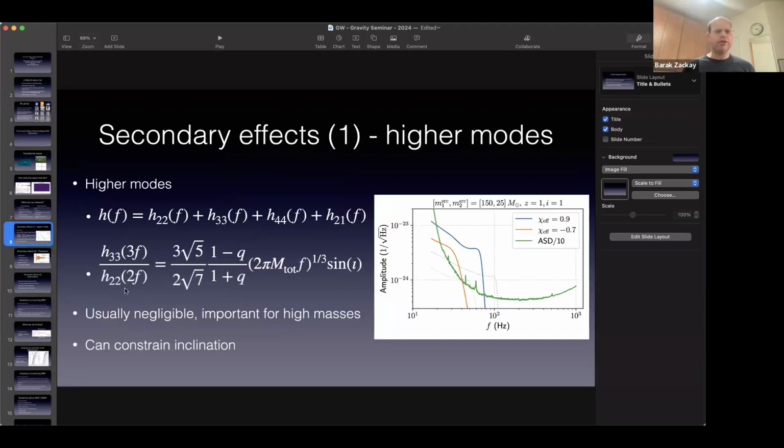So what I show here is the PN description of the higher modes. That is available, but if you want it near merger, then you need the simulation. We actually quantified, in order to build the bank, how good it is. It's usually good enough even for parameter estimation, but that it's not the full story anyway.